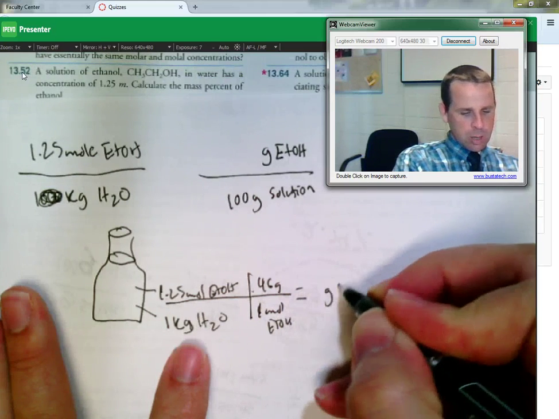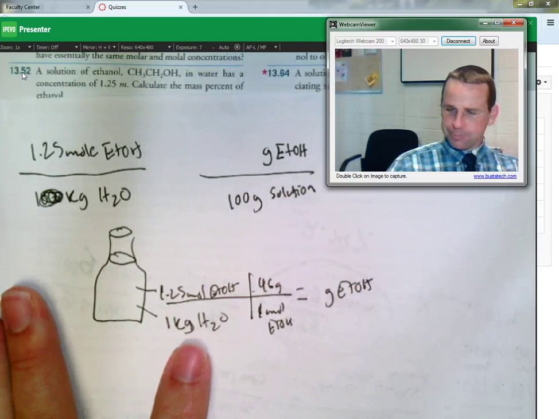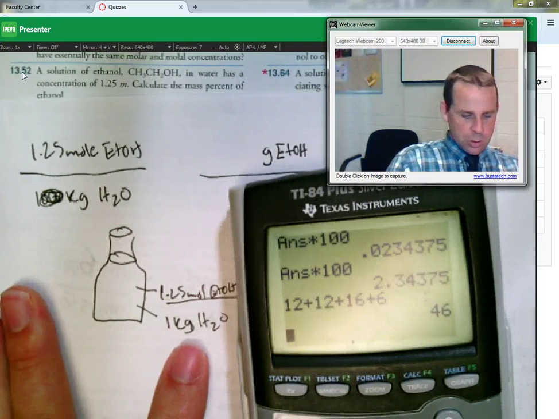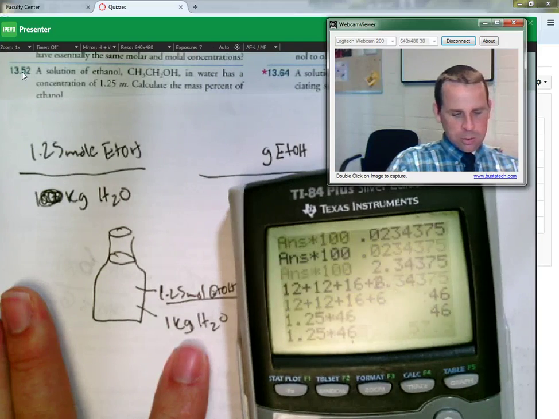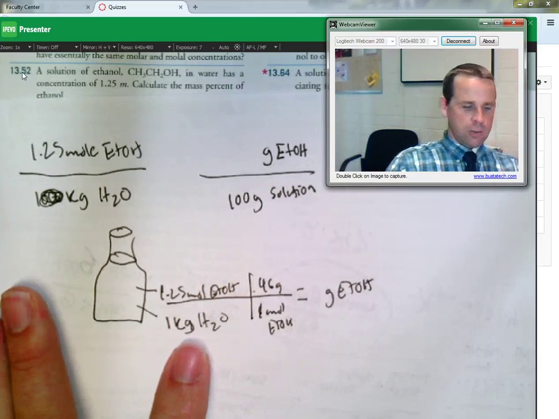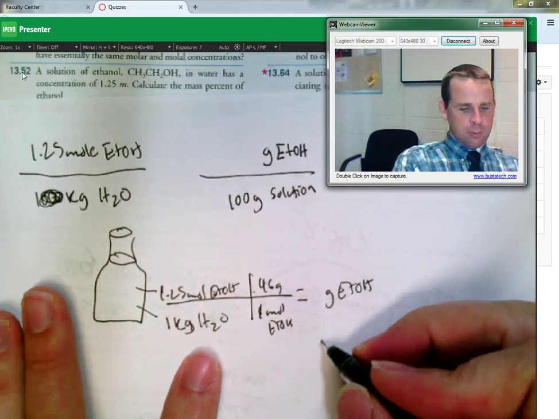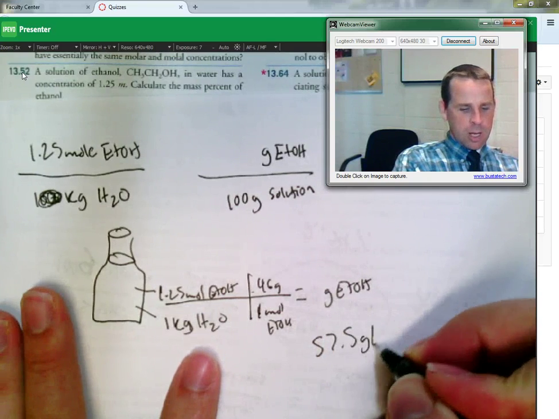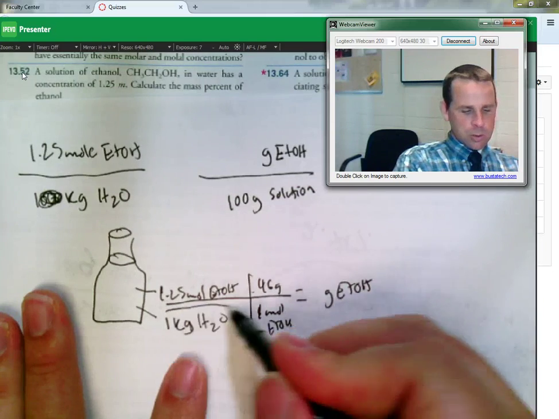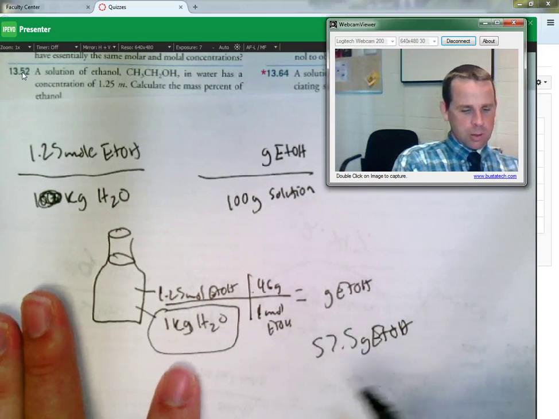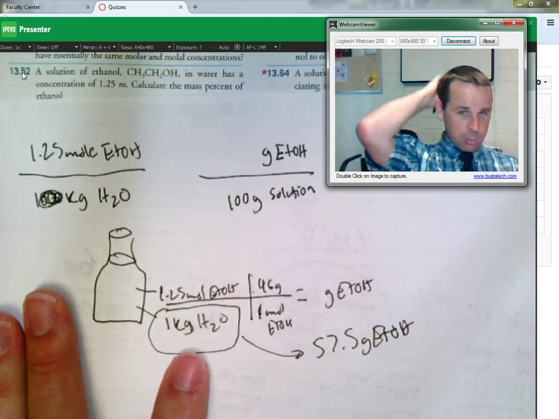This will tell me how many grams of ethanol I have, right? So 1.25 times 46 equals 57.5. So we got 57.5 grams of ethanol. And in here as well, we have a kilogram of water.